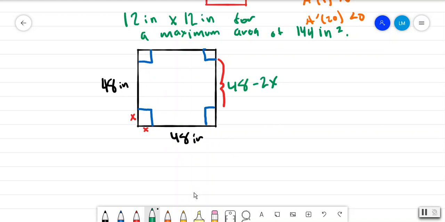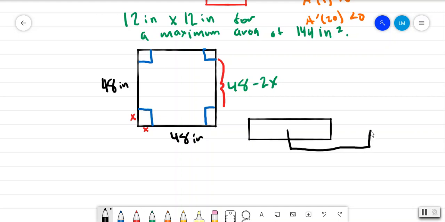So if I was to remove these flaps or these corners and then fold it, I would basically just end up with something that looks like this. And then from here, I would just need to work it out.